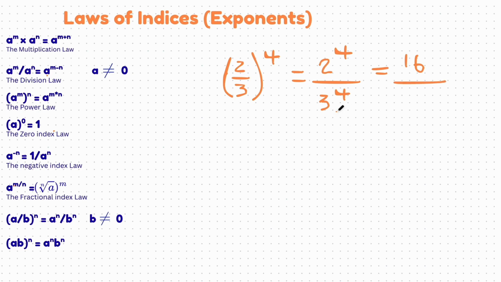And 3 raised to the power of 4, which is 3 multiplied by itself 4 times, is equal to 81. So that would be our answer, 16 over 81.